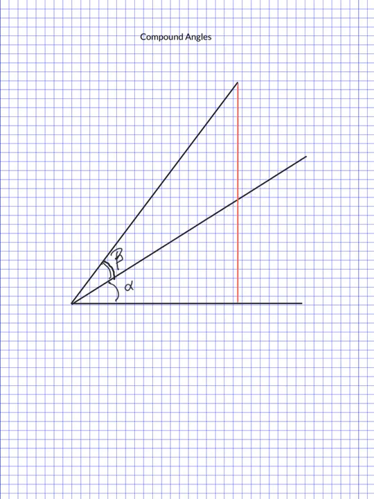I'm going to extend this line out a little bit. It'll make it easier. Okay, from here I'm also going to draw another line at a 90-degree angle to this right here. So I'm going to make this red. Let's say from here, I'm going to make a 90-degree angle here. I'm going to draw another line straight down from this point there. And I'm going to draw a line straight across here.